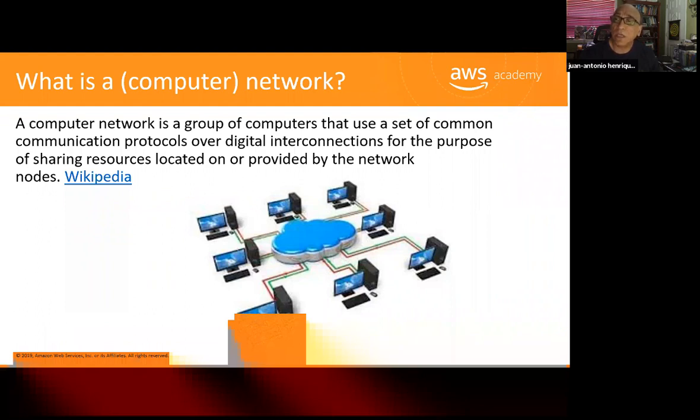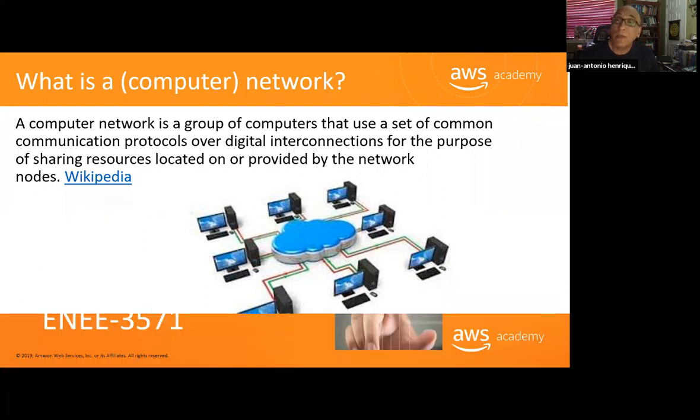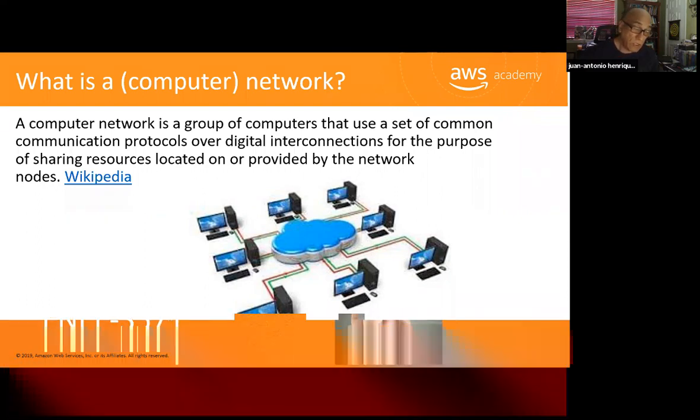They communicate over digital interconnections for the purpose of sharing resources located on or provided by the network nodes. A node can be a computer, it could be a printer, some sort of endpoint where the communication ends. It could also be a point where the communication starts. So that's the basic definition.